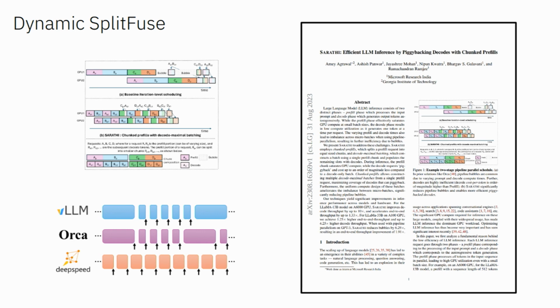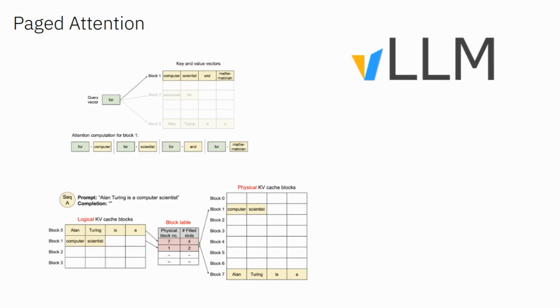If you have a new batch to add in, you can combine the prefill operations with the decode ones, just enough to saturate the compute and not slow things down. But it means you're able to soak up more of the utilization, and you have fewer of these bubbles, as they describe it. So that's a very interesting technique for helping with that.